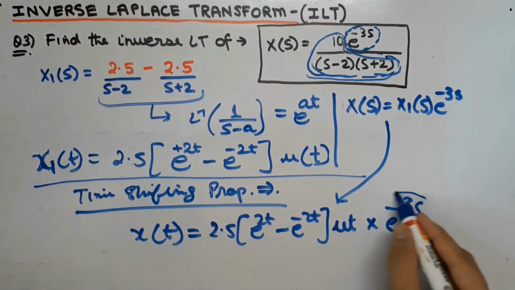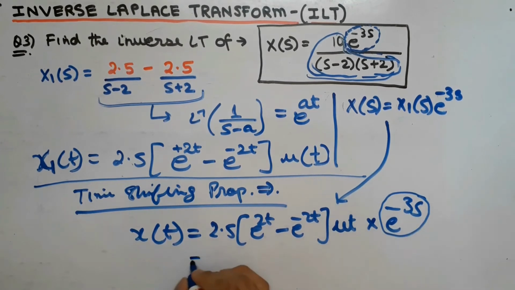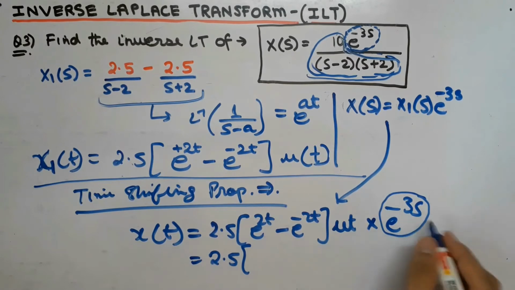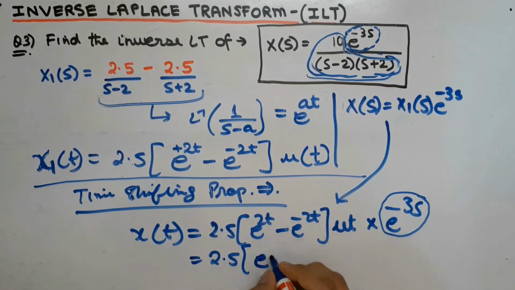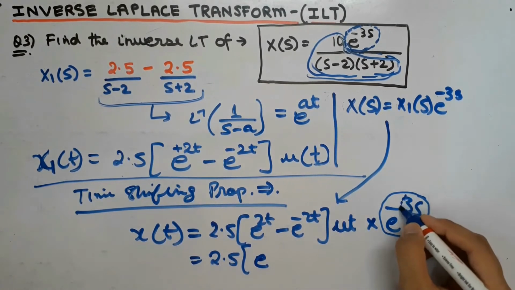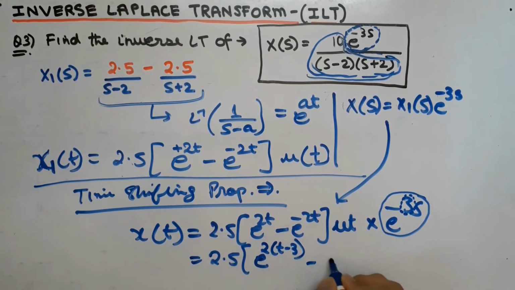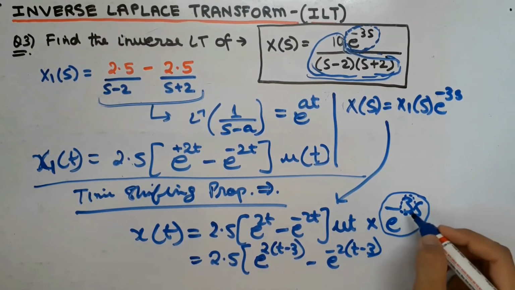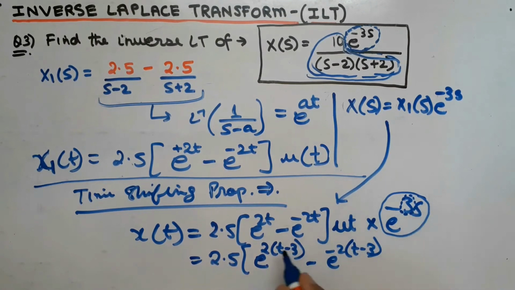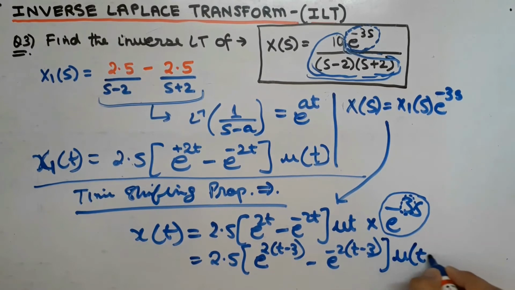In order to compensate e to the power minus 3s, we are going to do time shifting, or you can simply remember that when you have to adjust this, you will write this value 3 like this: 2 into (t minus 3) minus e to the power minus 2 into (t minus 3), and remember that the minus sign should be here. If it had been plus 3, then we would have written 2 into (t plus 3), but here we have minus, that is why we have used the minus sign. Similarly over here also you will write t minus 3.